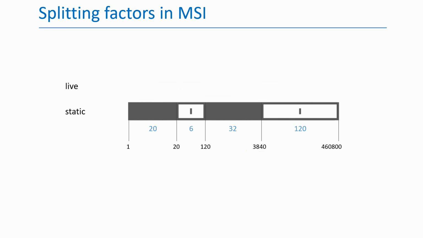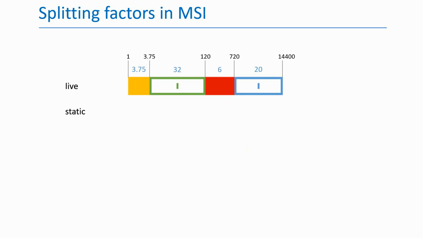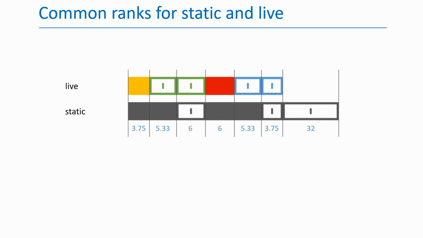Next, we split the static by all of the live features, and then split the live by all of the static features, which gives us a set of common ranks. The screen pattern and the roundness will also share this set of ranks.